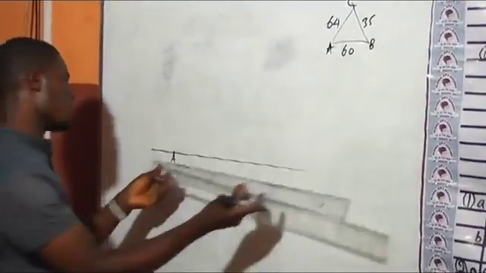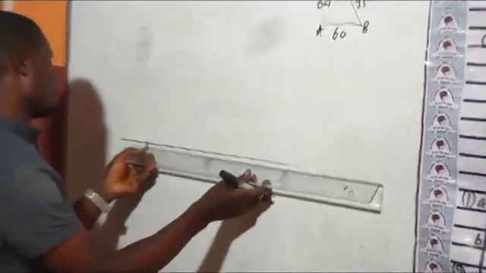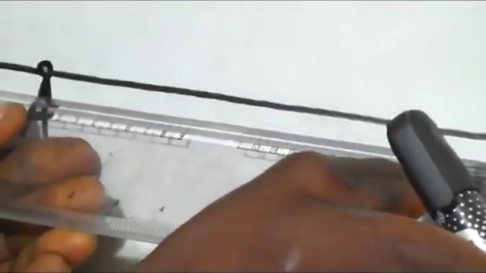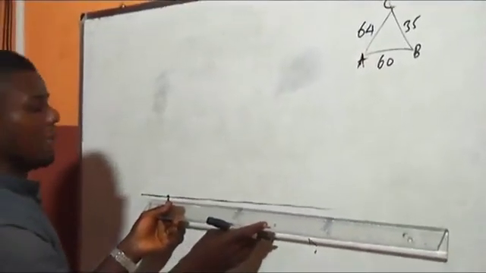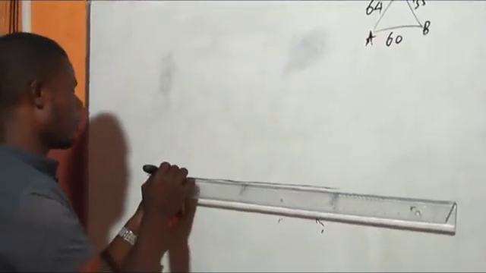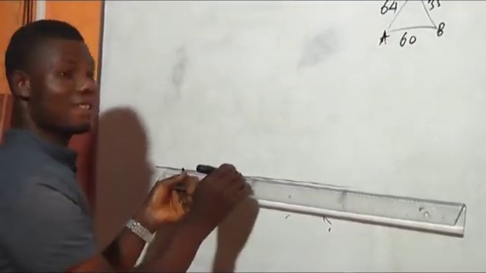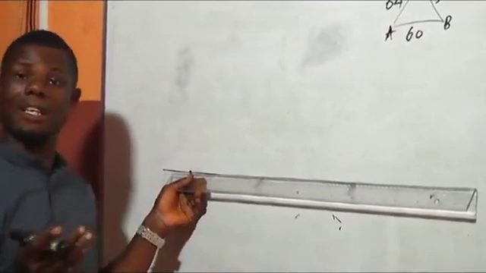You can choose to use your ruler directly and measure from 0 to 6, that is 6 centimeter, which you can also convert to 60 millimeter. That's when you're using a ruler that has centimeter.